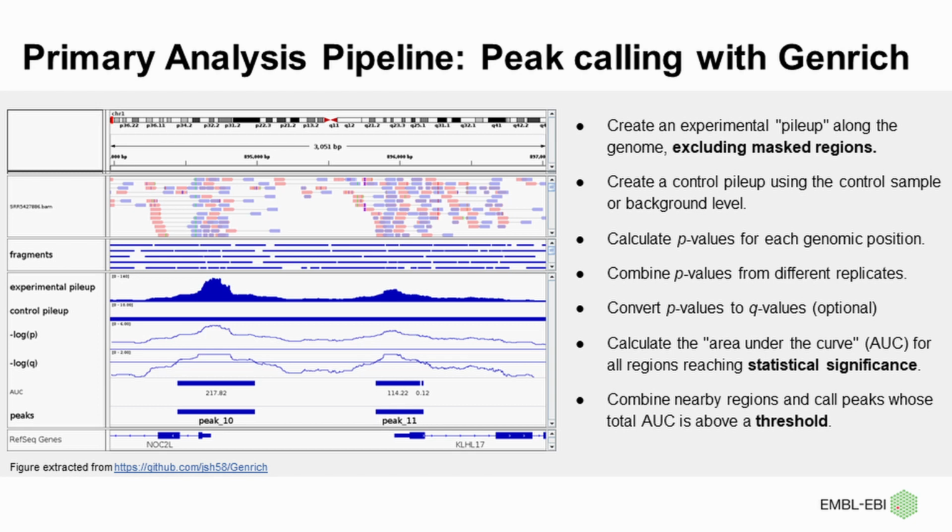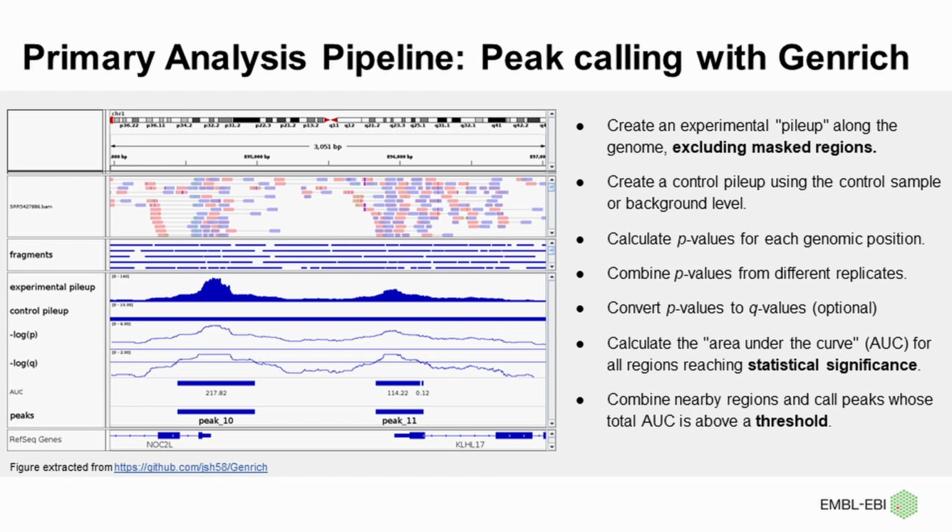Basically, it starts by taking the alignments from each experimental replicate and creating an experimental pileup, simply by parsing the alignments to obtain fragments and then counting how many fragments we have at each genomic position, for each replicate.